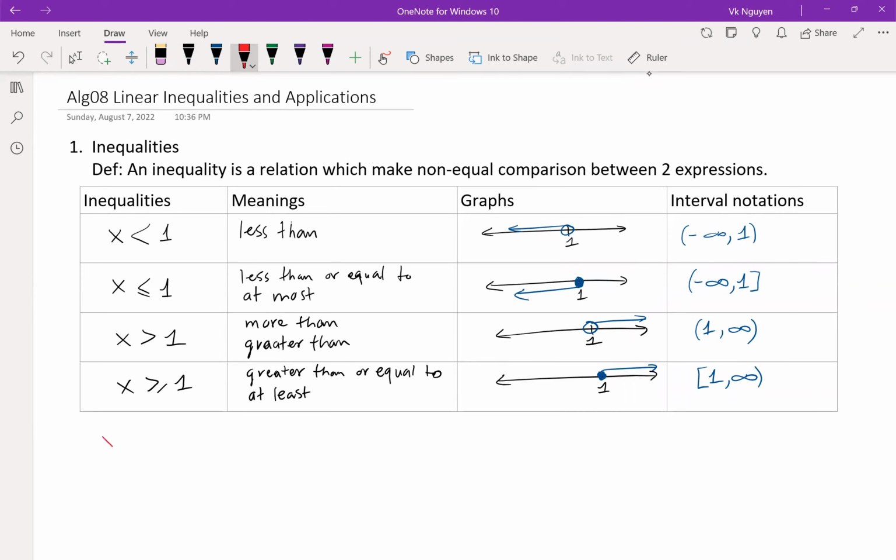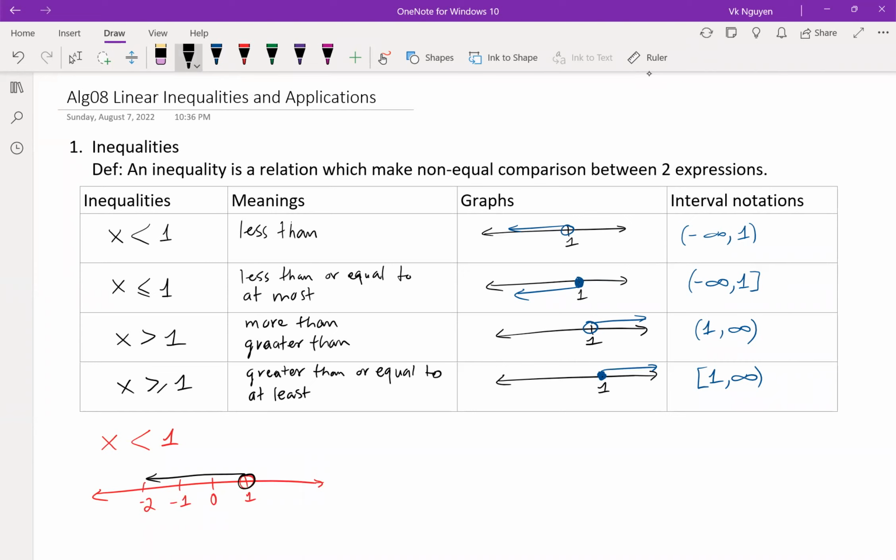So we know x less than 1 tells us that we have all the numbers less than 1, meaning 1, 0, -1, -2, and the arrow goes to the left side.